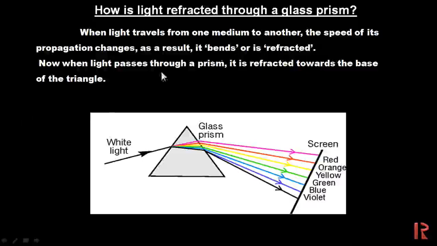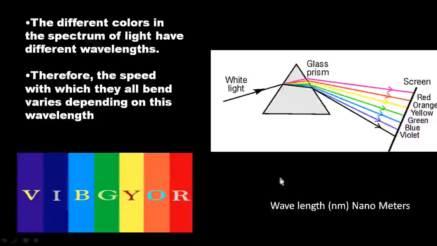Now, when light passes through a glass prism, these colors are refracted towards the base. This is the base of the triangle.